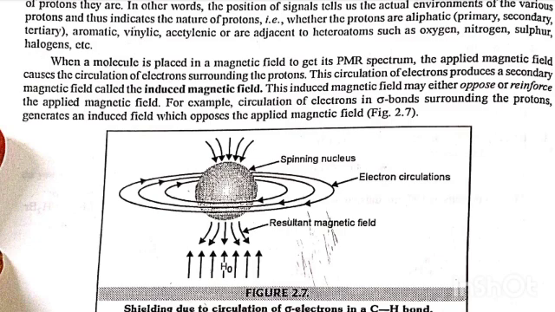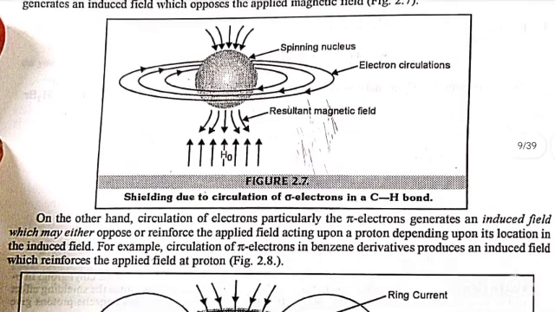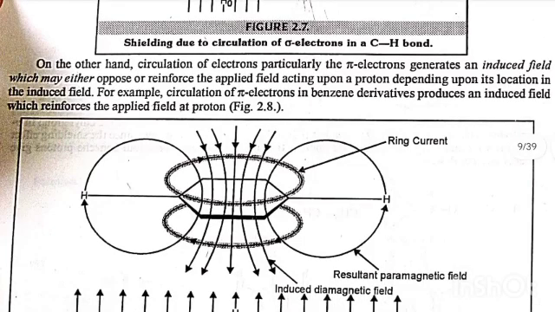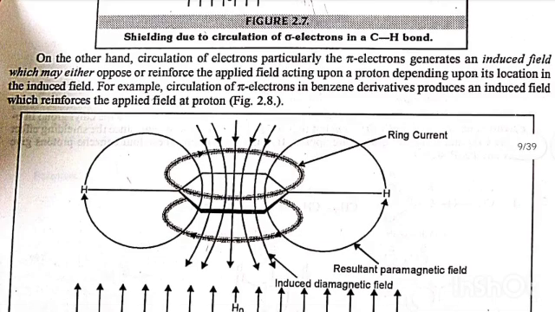For example, circulation of electrons in sigma bonds surrounding the protons generates an induced field which opposes the applied magnetic field. On the other hand, circulation of electrons, particularly the pi electrons, generates an induced magnetic field which may either oppose or reinforce the applied field acting upon a proton, depending upon its location in the induced field.